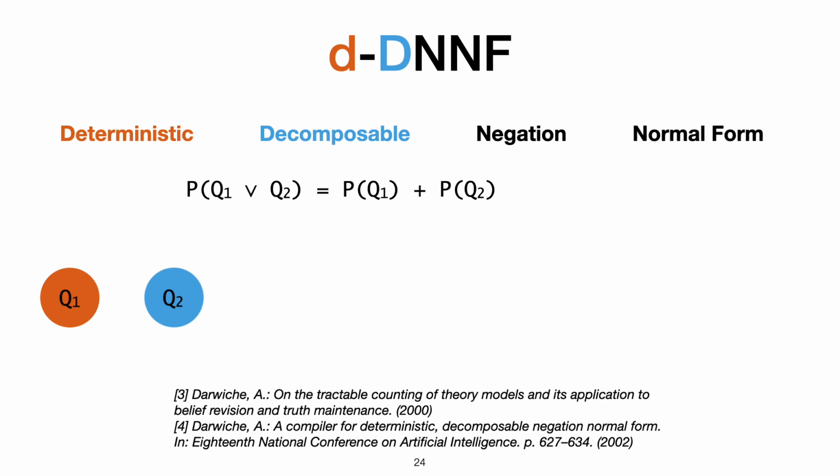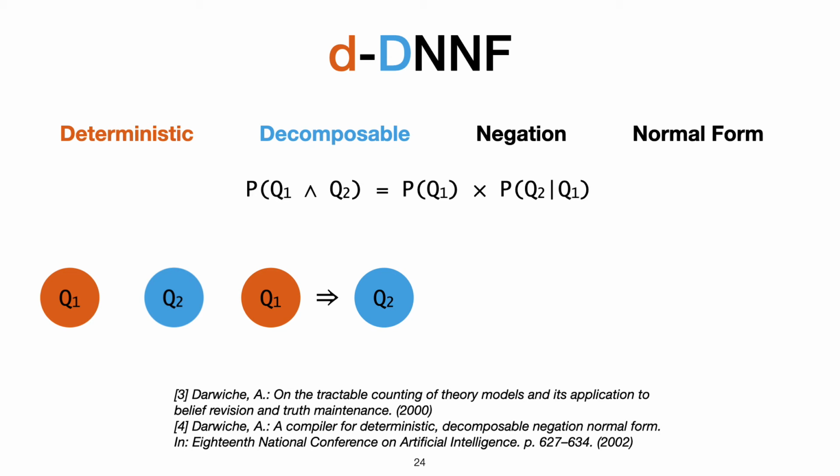Similarly, it makes queries decomposable, meaning that every two subqueries that form a conjunction are independent, like this. Furthermore, we only feature negations directly on facts.